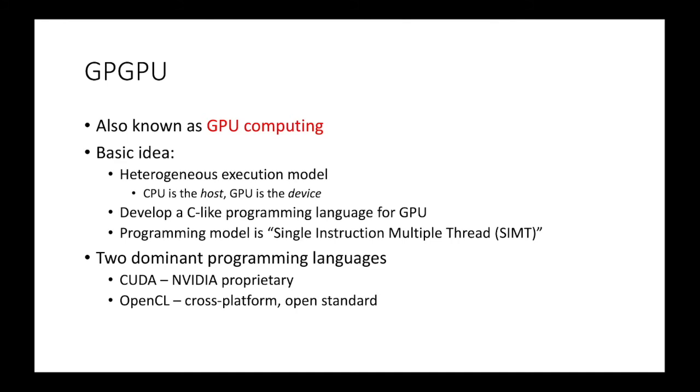We have a C-like programming language, which makes GPU programming easy, and the programming model is slightly different from SIMD. It's called single instruction multiple thread, SIMT. We have two dominant programming languages: CUDA and OpenCL. CUDA is NVIDIA's proprietary.